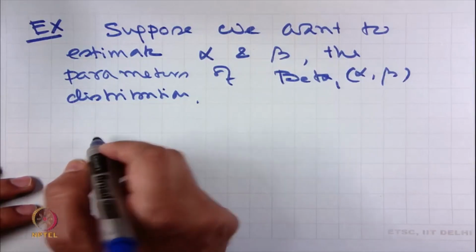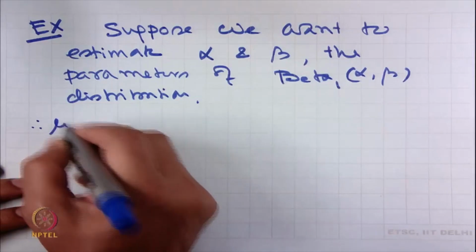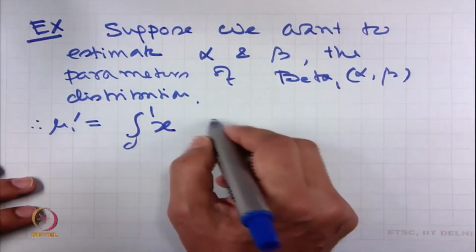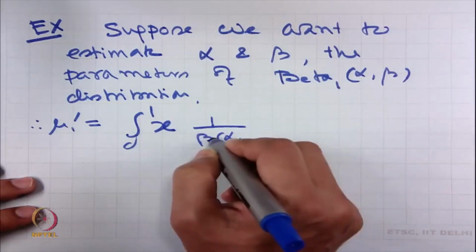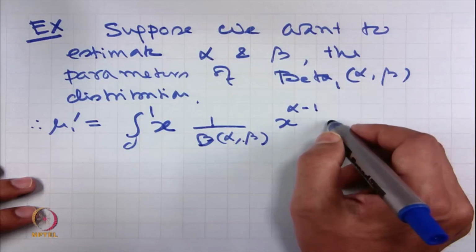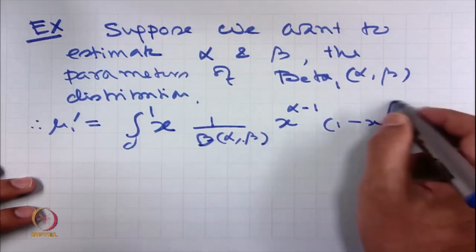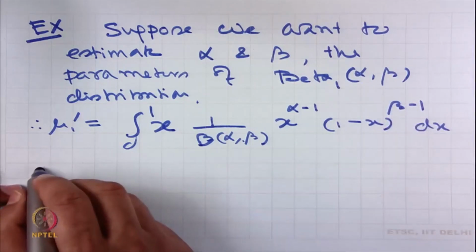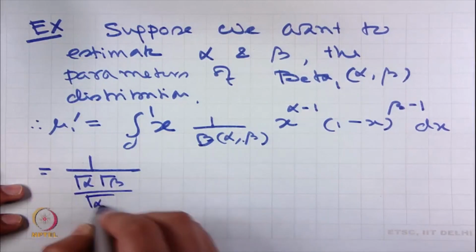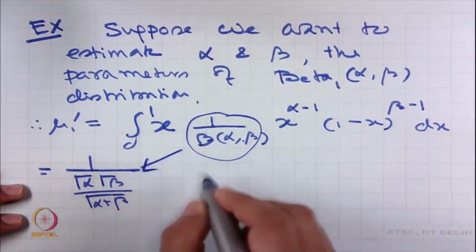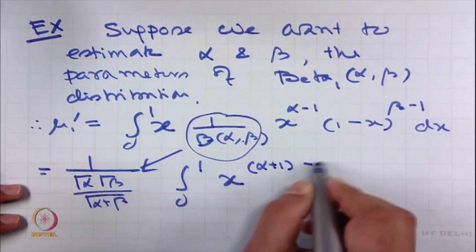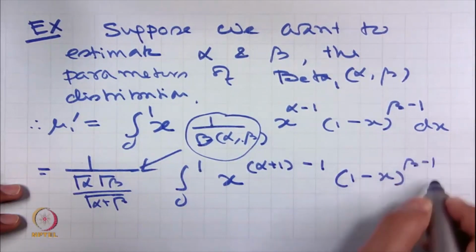Again, let us consider mu1', the integral from 0 to 1 of x times 1 upon beta(alpha, beta) times x to the power alpha minus 1 times (1 minus x) to the power beta minus 1 dx, which is equal to gamma alpha plus beta upon gamma alpha gamma beta, which I have taken out, multiplied by the integral from 0 to 1 of x to the power alpha plus 1 minus 1 into (1 minus x) to the power beta minus 1 dx.